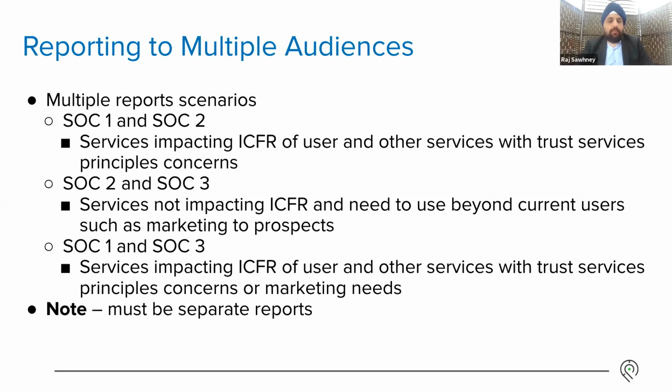Okay, so in the interest of time, I'm probably not going to go through this slide in too much detail. Suffice to say that you do sometimes need to combine the reporting requirements depending on your particular needs.